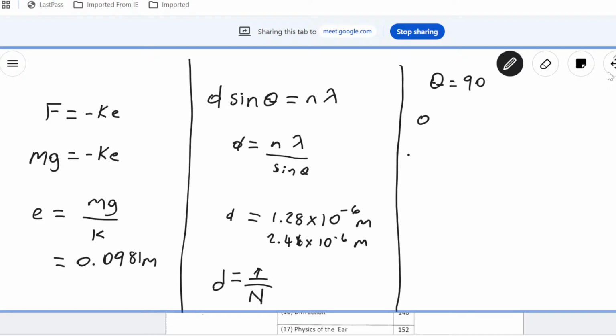Wait, what's the value of d again that we're using? D is 2.46 times 10 to the negative 3 if you're using millimeters, and 10 to the negative 6 if you're using meters.